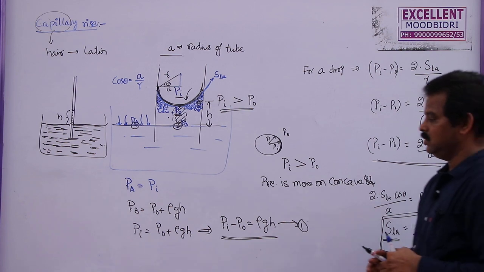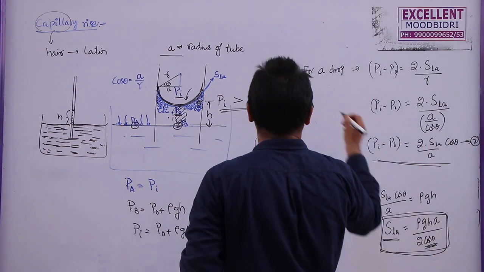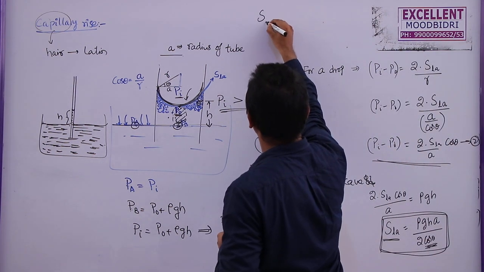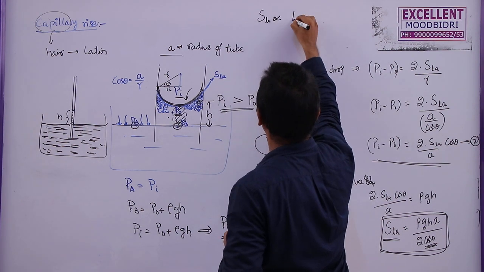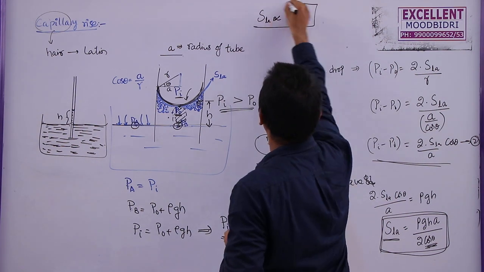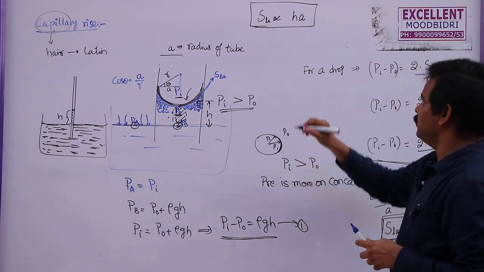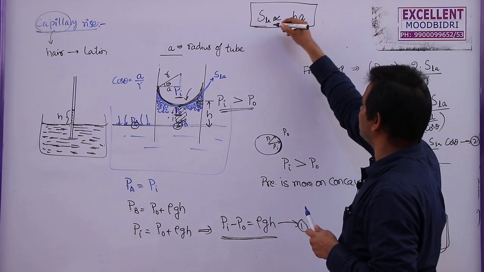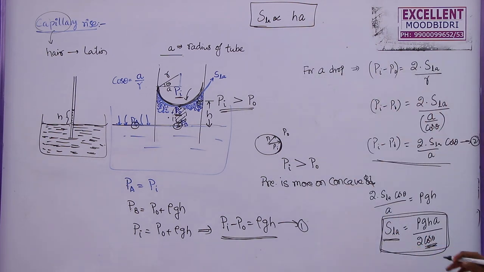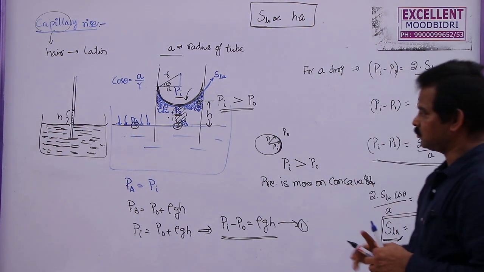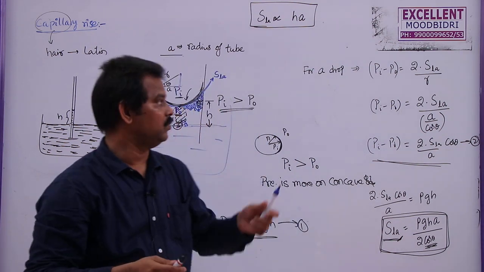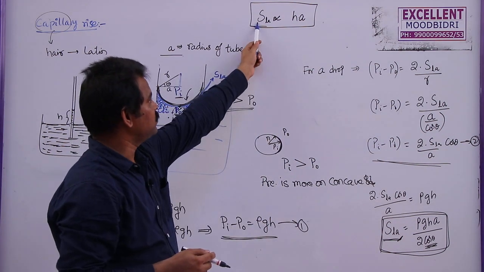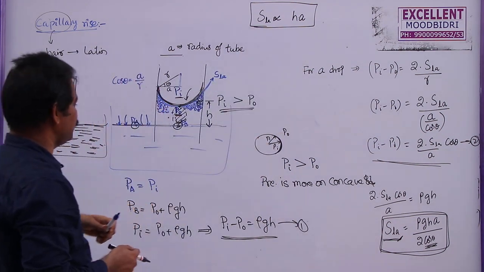So S_L depends on the product of h and A, as all others are constant. If height is more, surface tension is said to be more. If A is more, then what happens we will see. If you know this, we will solve problems and then we will find the relation between surface tension, height and radius of the capillary tube.